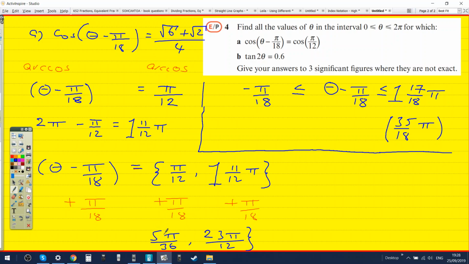It's close to 2 pi, but it's not quite, is it? It gives me 2 pi as an answer. Oh, is it really? Yeah, that's exactly 2 pi. I was adding a different thing. So that's 2 pi, and the other one was 5 pi over 36. Yes, 5 pi over 36.